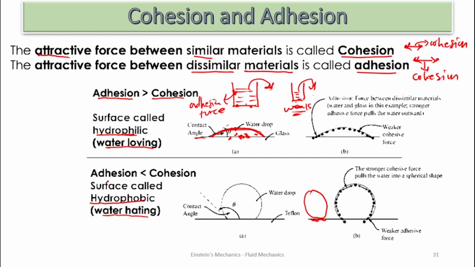Hydrophobic, water hating, because the adhesion force now is less than the cohesion force. So the molecules have a greater force towards themselves than what the floor is offering between them. And that we call the cohesion and the adhesion force. I hope this explains the adhesion and the cohesion phenomena to us a lot.